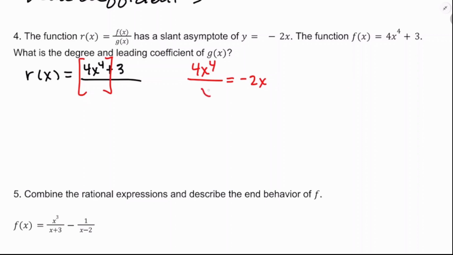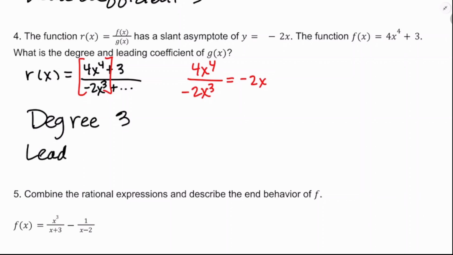Some number of x to the thirds. And what number would be negative 2? Yeah. So negative 2x to the third plus who knows what else, but that's not what matters. They're asking for the degree and leading coefficient. So the degree is going to be 3 and the leading coefficient will be negative 2.